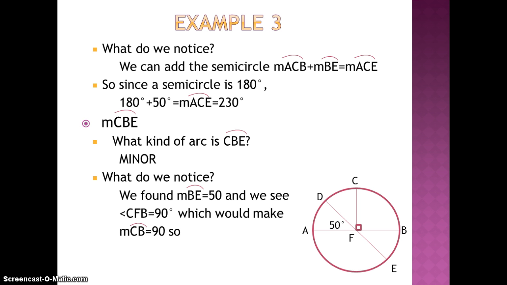So we're going to have the measure of arc CB plus the measure of arc BE equals the measure of arc CBE. So again, we're taking the small arc plus the small arc equals the big arc. So we're going to have 90 plus 50 equals 140.